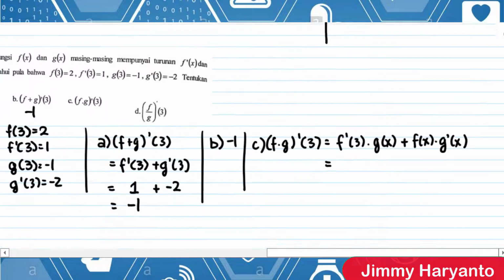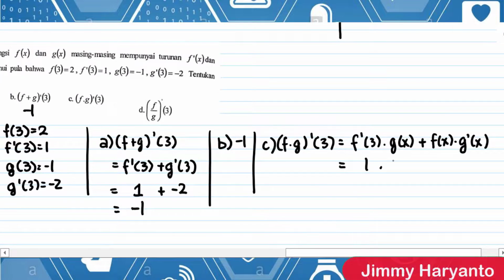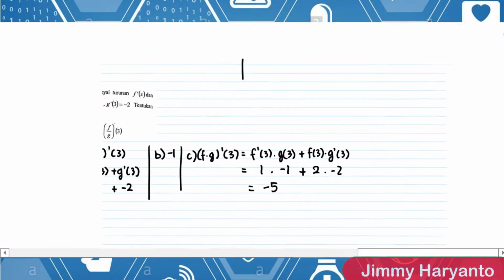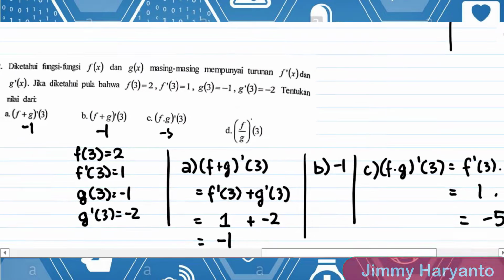So f accent 3 equals 1, g(3) equals negative 1, f(3) equals 2, g accent 3 equals negative 2, and the total result will be negative 5. This one should be g(3), and this one also f(3), this one is g accent 3. Okay, negative 5 for this one.